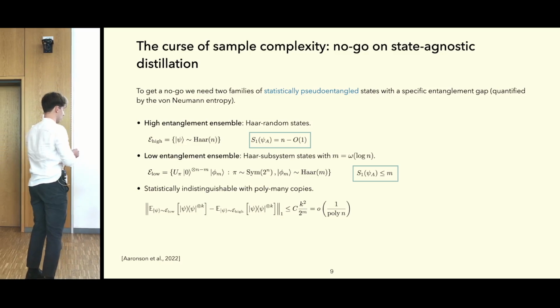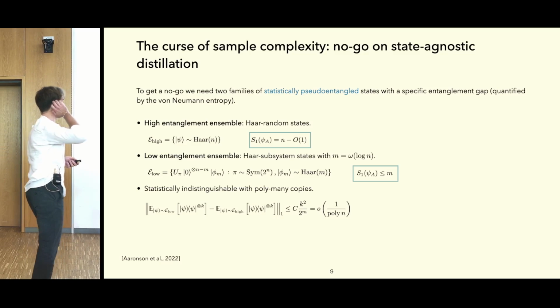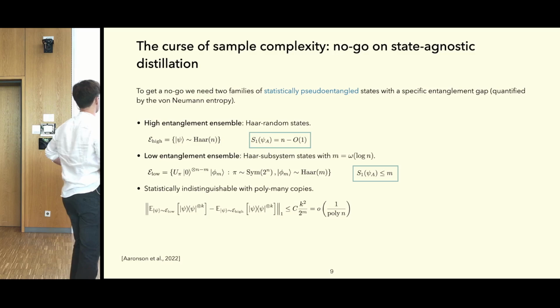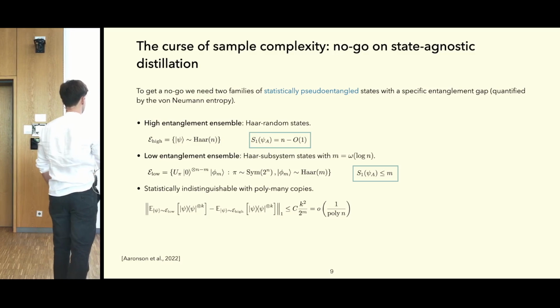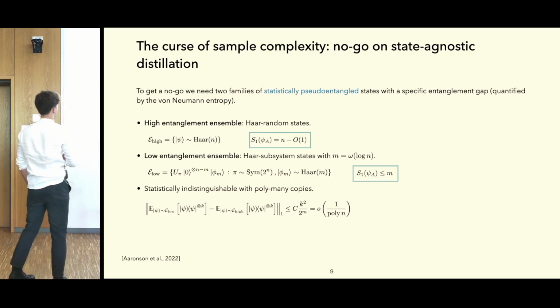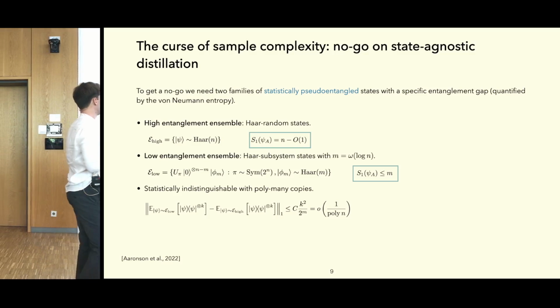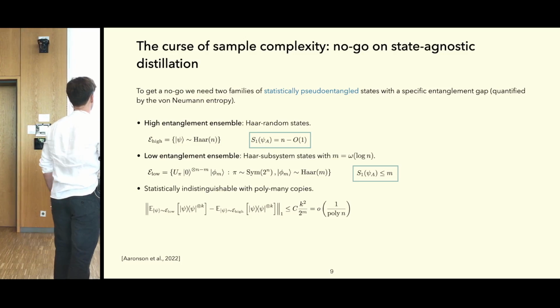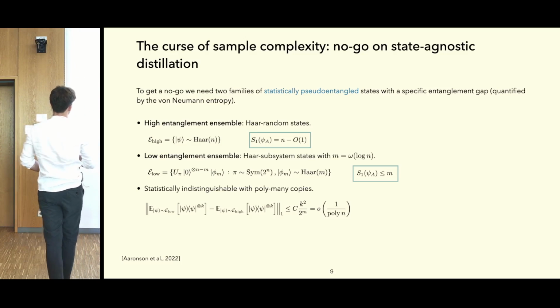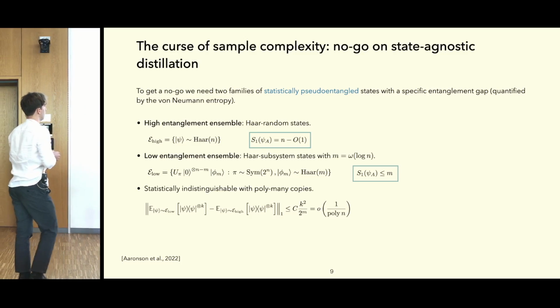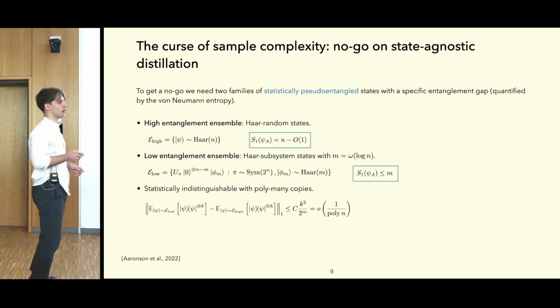And how can we show, for example, the no-go results in the state-agnostic scenario? Well, we need to come up with two families of states which are statistically pseudoentangled with a provable gap in the von Neumann entropy. And if we want to prove the log K upper bound that I showed you before, we essentially need to come up with the following set of families. The first is very simple: we just pick random states.